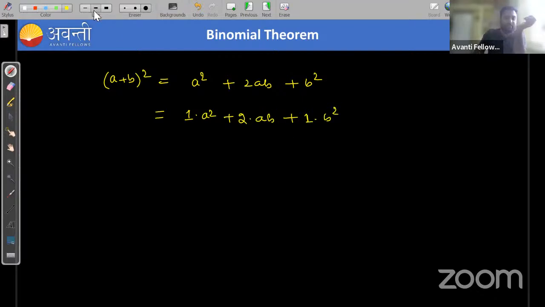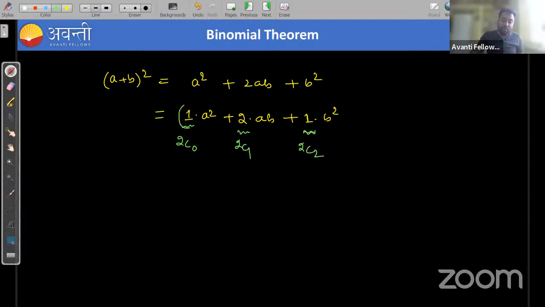Here n is actually 2. So this 1 is 2c0, this 2 is 2c1, and this last 1 is 2c2. These are my binomial coefficients.